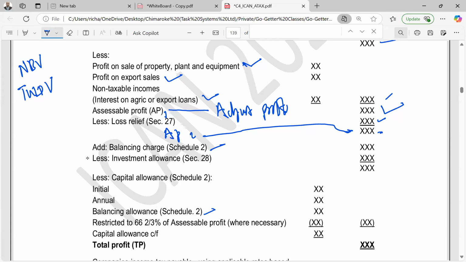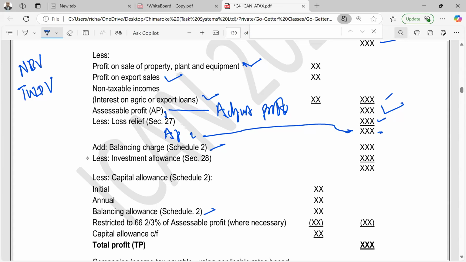In balancing allowance, let's say the tax written down value is 250, but you sold it at 220. What have we done? We have lost 30,000. Government was willing to give you 250 in the long run if you have not sold it. But now you have gotten 220 out of the 250.